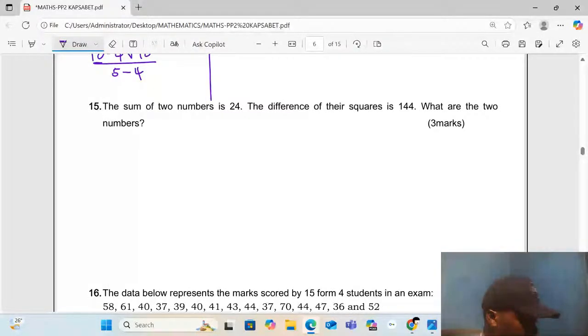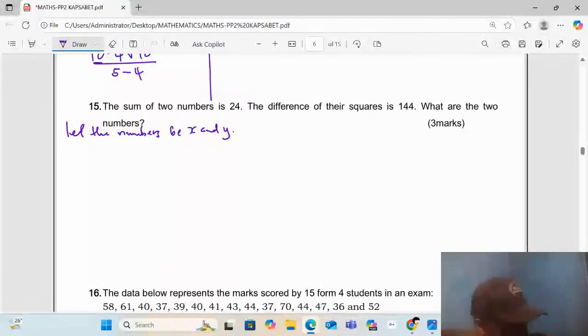Now we can let the numbers be x and y, so that the sum of the two numbers, x plus y, gives us 24.